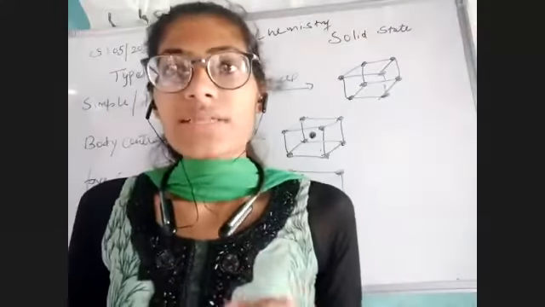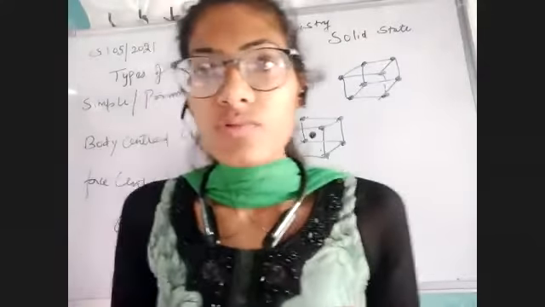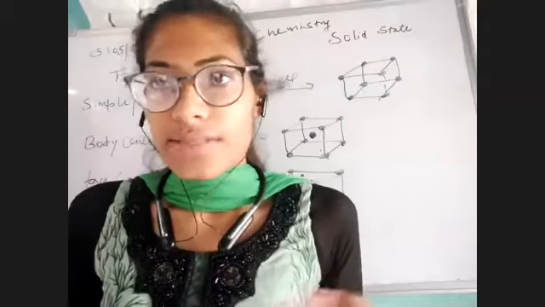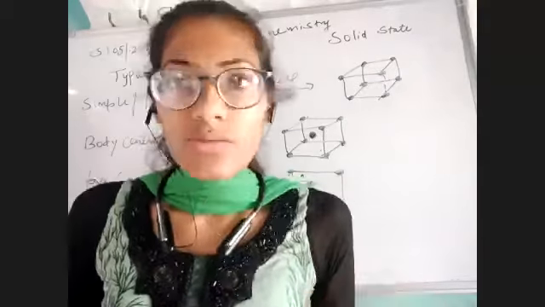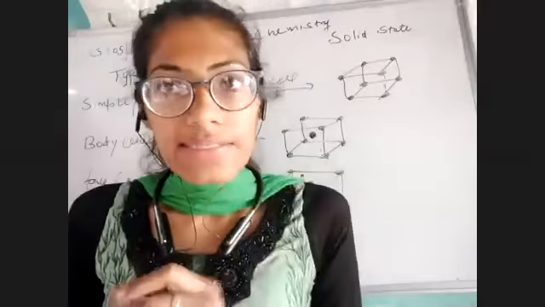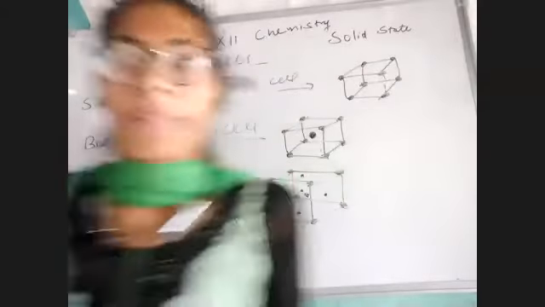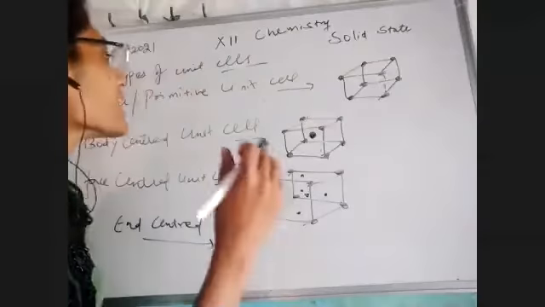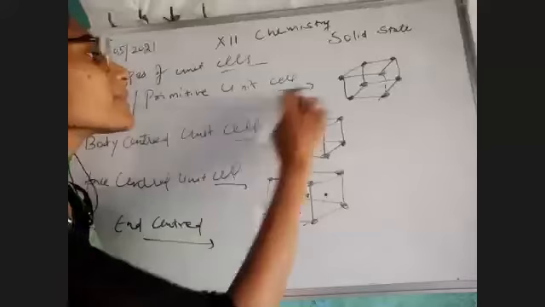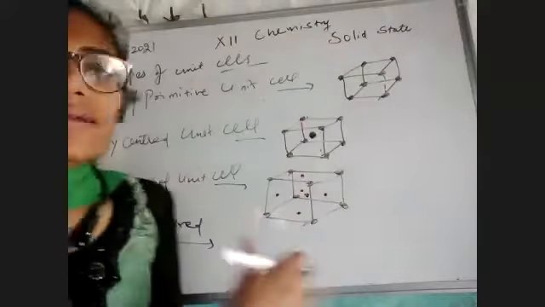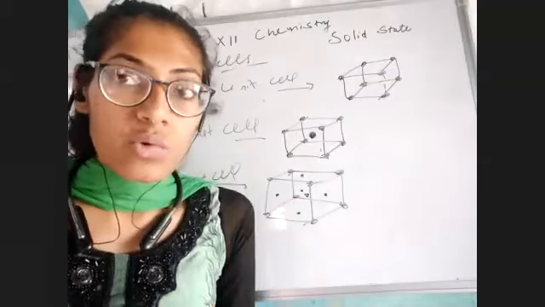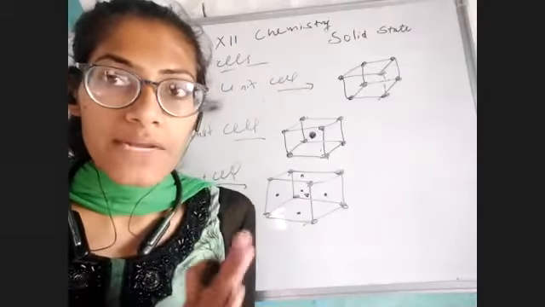Okay, see students, I have already told you that we have so many different types of unit cells on the basis of edge length, on the basis of their angles, as well as on the basis of atoms. These are the basic unit cells. Now we are having the primitive unit cell and its classification. There are total 7 types of primitive unit cells.